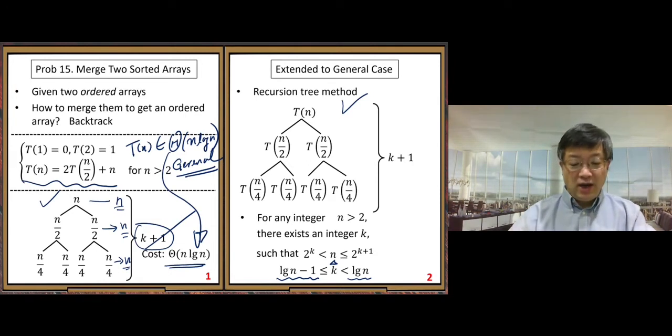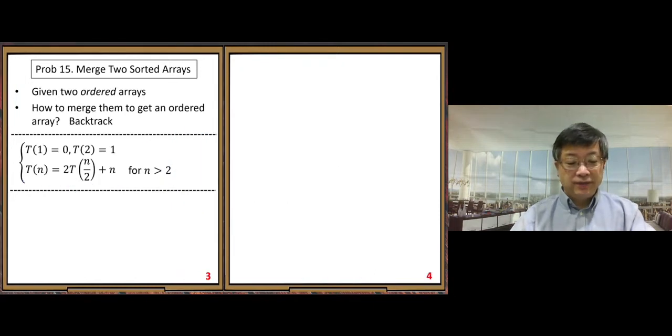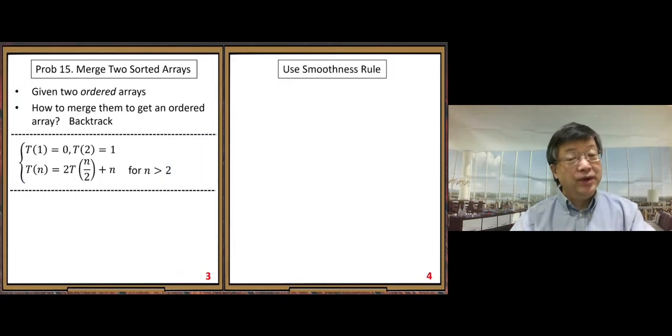Another method we can use is the smoothness rule, and we can also get the same result.